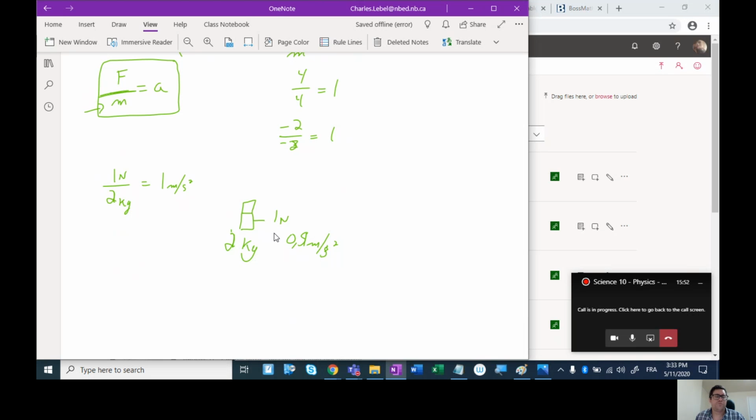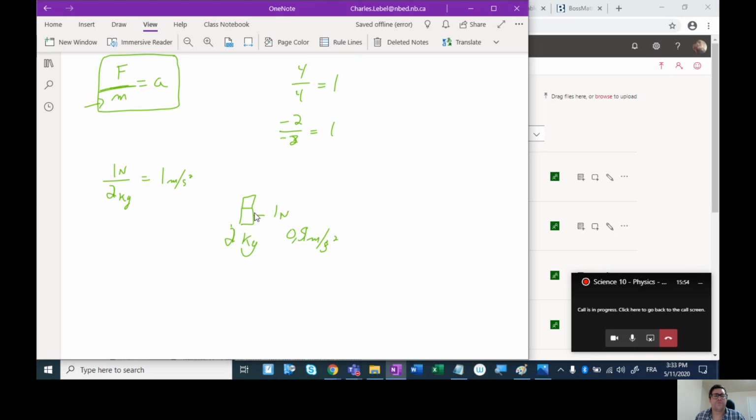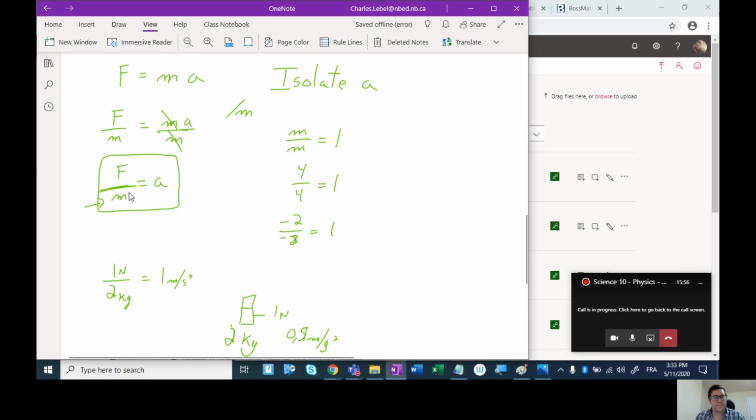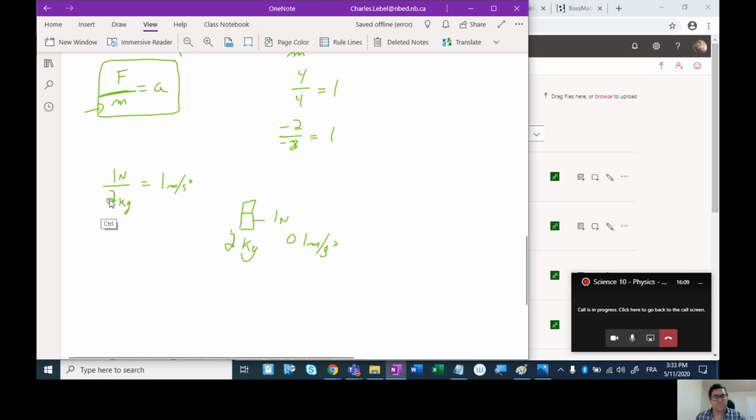So knowing these numbers by heart is not what matters. What matters is the understanding that if you increase what's on the bottom of a fraction, it reduces. So you've increased the mass, it reduces the answer. Let me show you again.